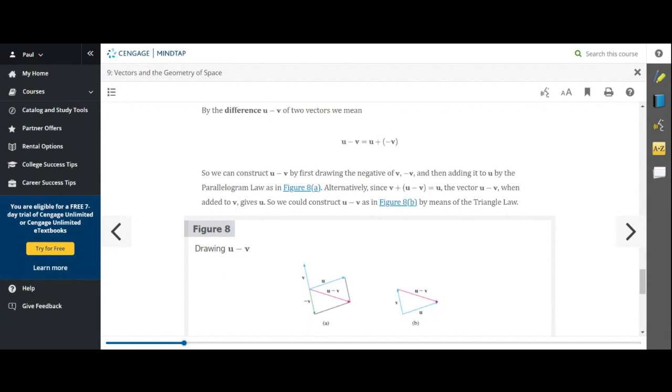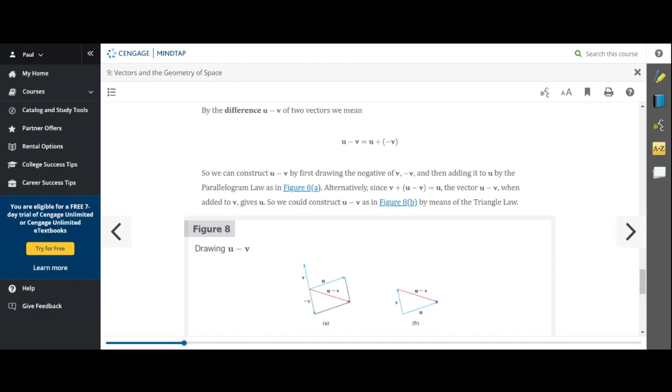But for figure 8b, why haven't they just shown? I'm not worried too much about figure 8b. If you're good with figure 8a, you're going to be good. Well, in figure 8b, of course, that's not a good educational answer, right? What they haven't shown you is the vector v.